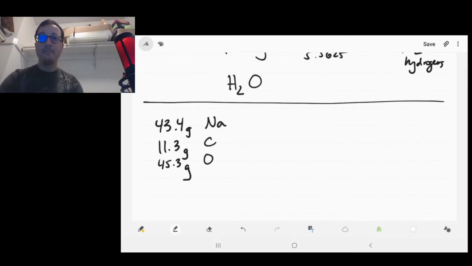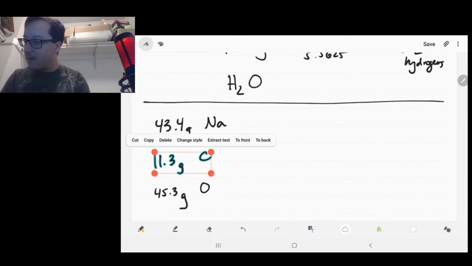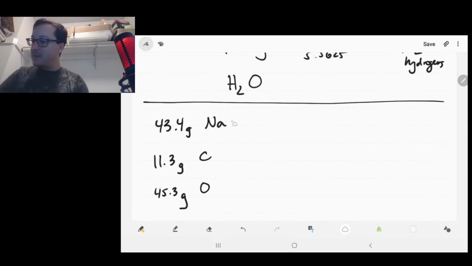So, makes things easy. I'm actually going to separate these out a little bit, because they're going to be a little clustered. It'll be easier if they're moved a little, so I have more room for the math. With all of these, again, with masses we cannot compare directly, so we need to look at them as moles or atoms. I will always choose moles instead of atoms because I like reasonable numbers.